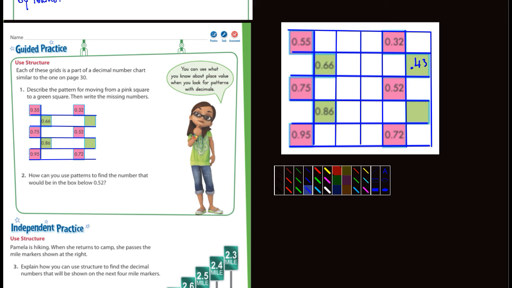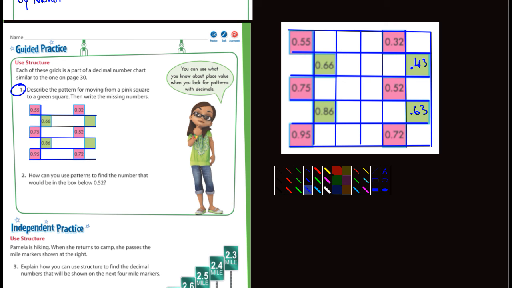This would be 0.63. What I'd like to see you guys do is fill out the rest of it. I know they didn't ask you. They're just saying write the missing numbers, which would have been these two right here. But fill the whole thing out. That'd be good for you guys to do. Okay. And if you just do that, I'm happy with number one here.